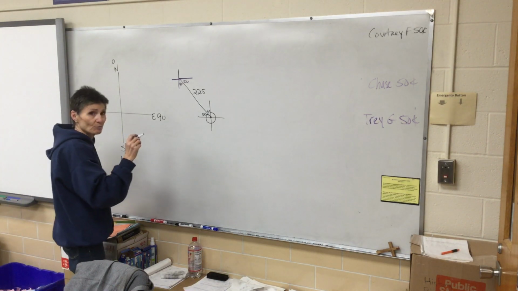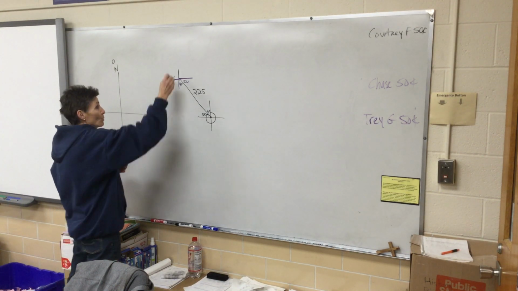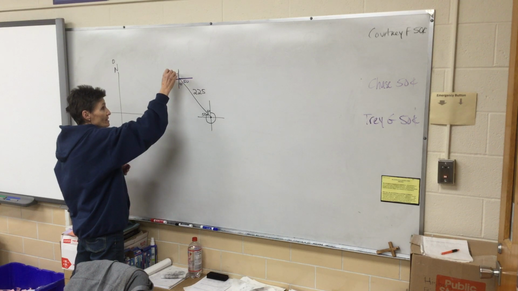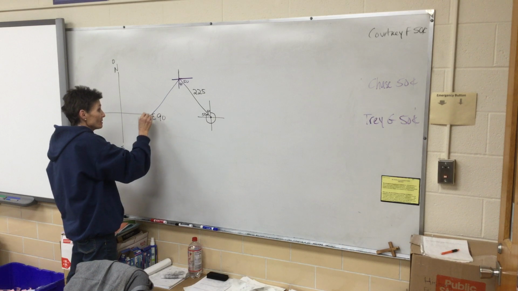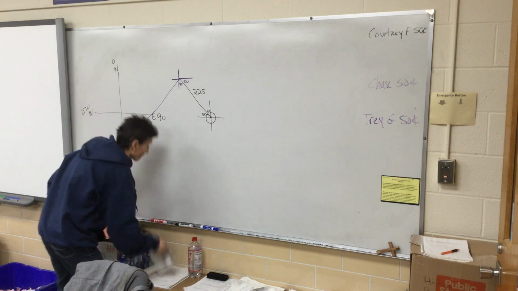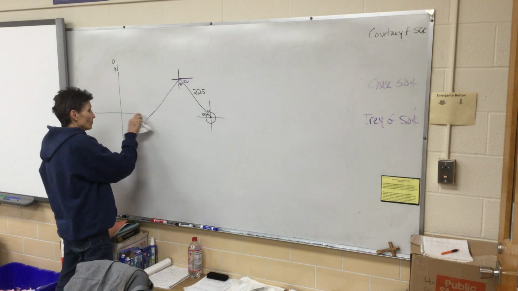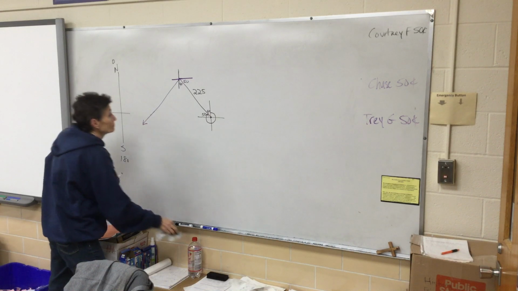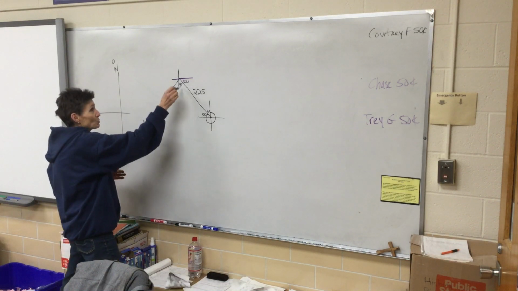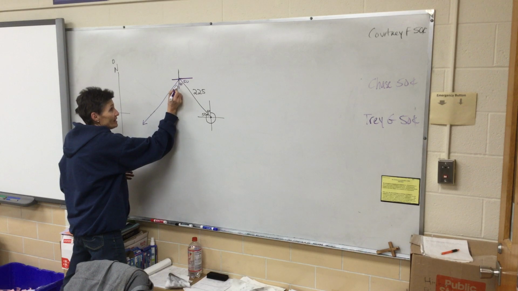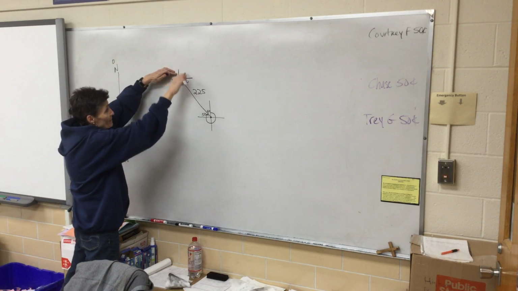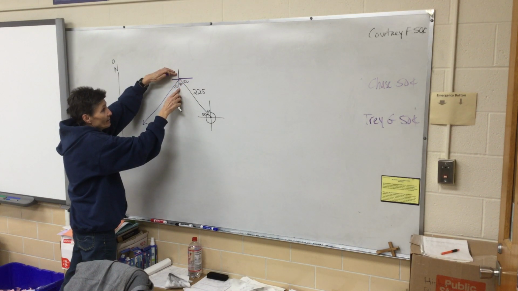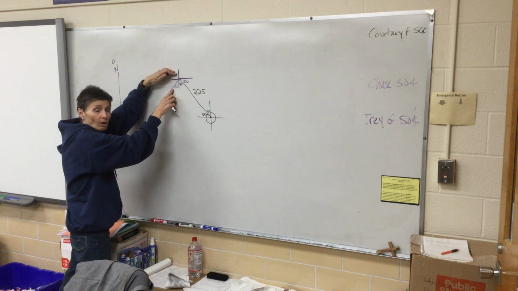Now, 230 degrees, remember, this starts here. This would be 180, so 230 is going to be here like this. Now that's 180, so isn't this going to be 50? This is 230 degrees. From here to here is 180, and then I need to go 50 more to get 230.